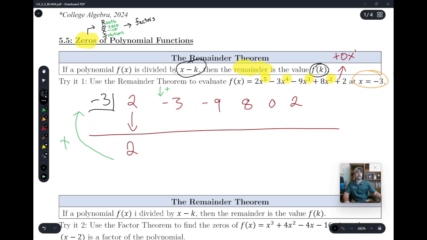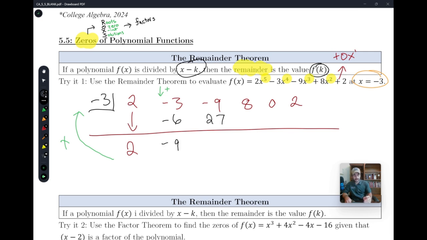I'm going to go ahead and start our multiplications with 2 times negative 3 is negative 6. We add them up: negative 9, positive 27, positive 18, 18 times negative 3. If you need to pull out a calculator or go off to the side and solve it, that's okay. 18 times negative 3 is negative 54.